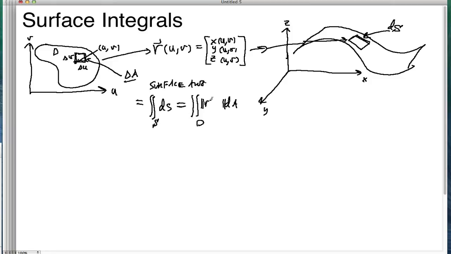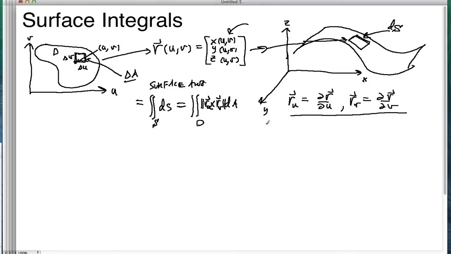And the volume distortion is equal to the partial of our vector function in terms of U times the partial of our vector function in terms of V. Okay, so again, RU is just going to be the partial of our vector function in terms of U, and RV is our partial derivative of the vector function in terms of V. And what we have to do then is take the derivative of each component in terms of U and V respectively to create those vectors.